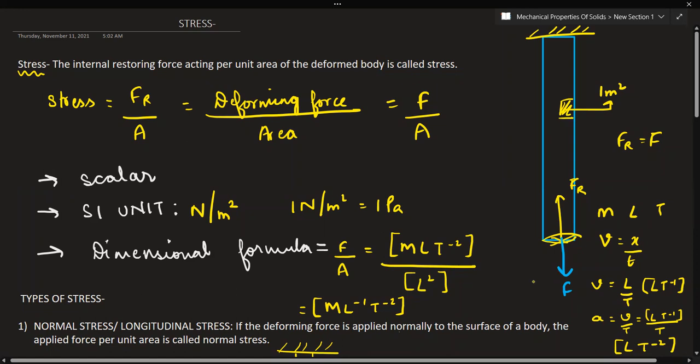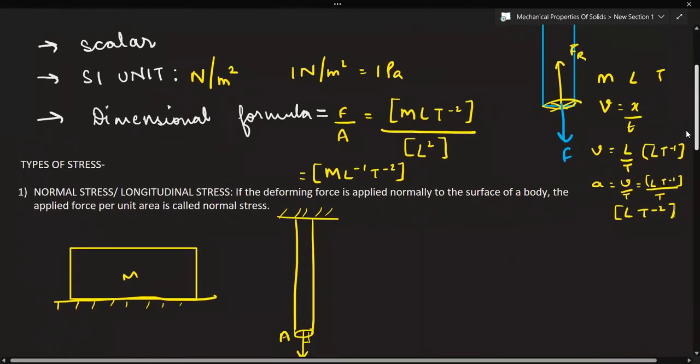So if you have to derive any other formula, like for example, force. We know the formula for force. Force is mass into acceleration. So we can find the formula for acceleration using velocity by time. And for velocity, you can write distance upon time. Now see, distance and time are the basic quantities.